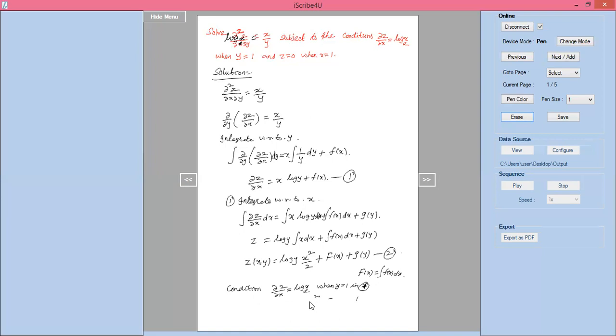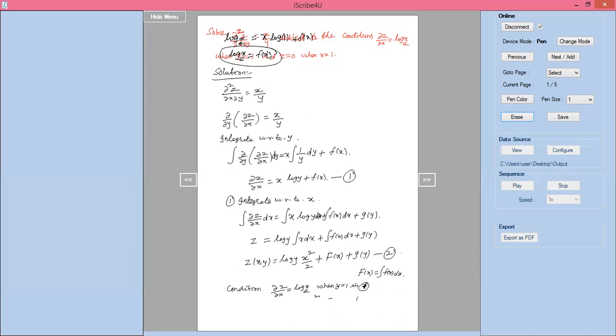Log x base e equals x into, what is the value of x here? x is nothing but x only, x into log y. Log y should be log 1 plus f of x. Now we can take log 1 as 0. Log x base e is nothing but f of x.